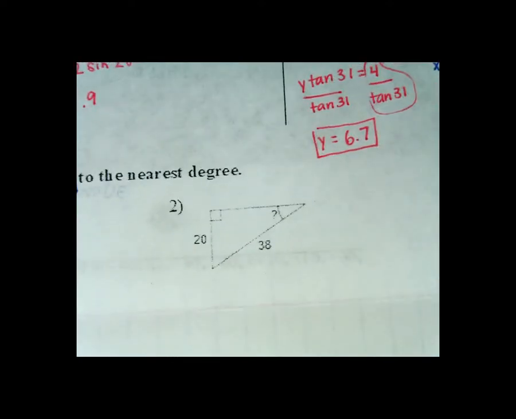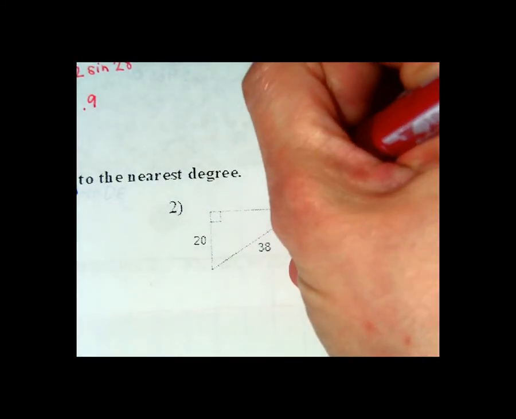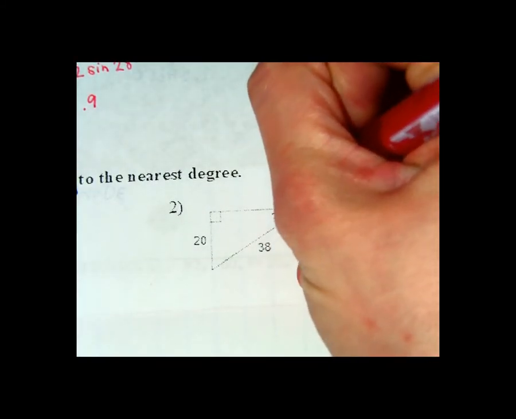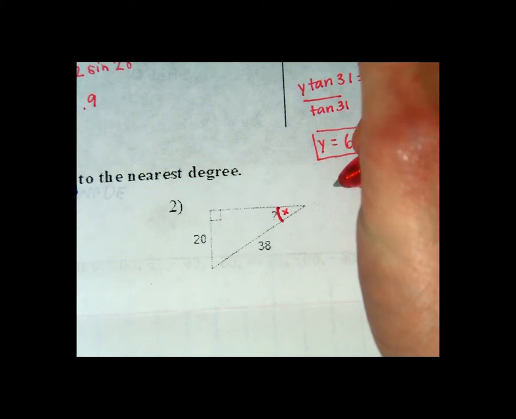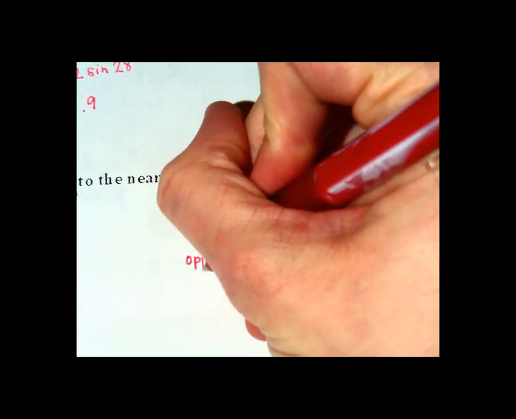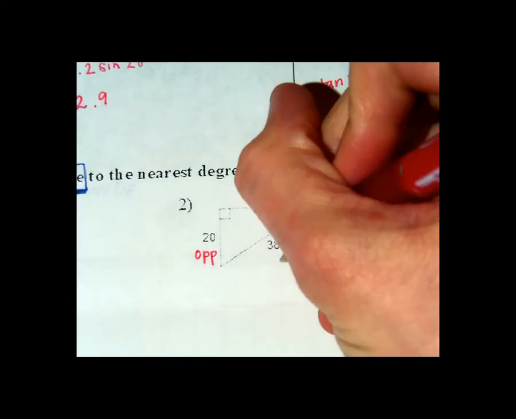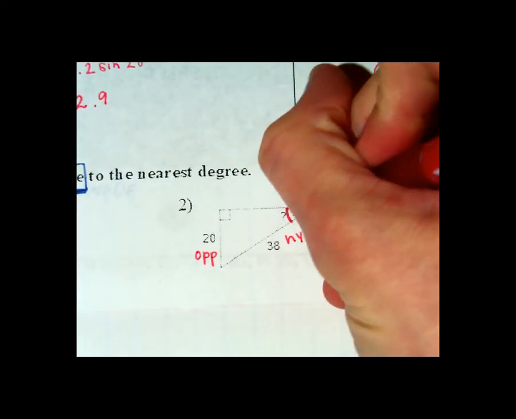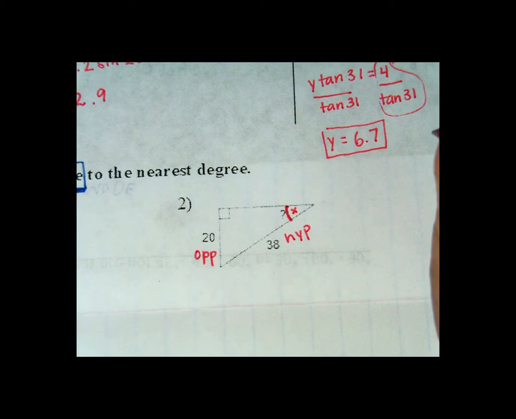Number 2. Here is my missing angle. I'm going to call it x again just because I like a variable. What is 20 compared to the missing angle? What is 38? Which ratio is opposite and hypotenuse?